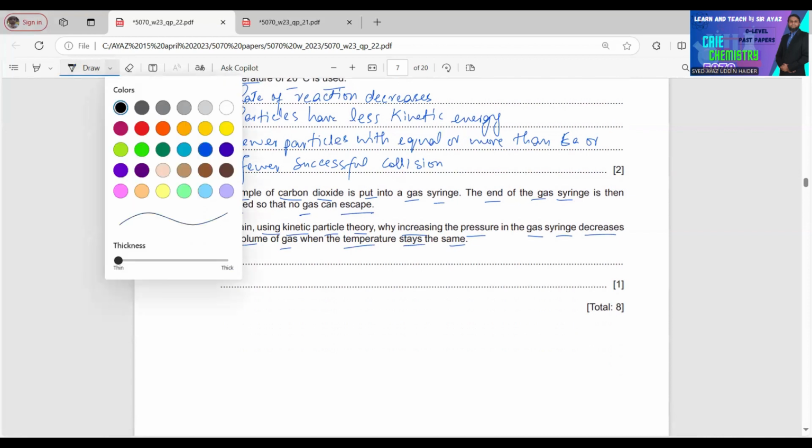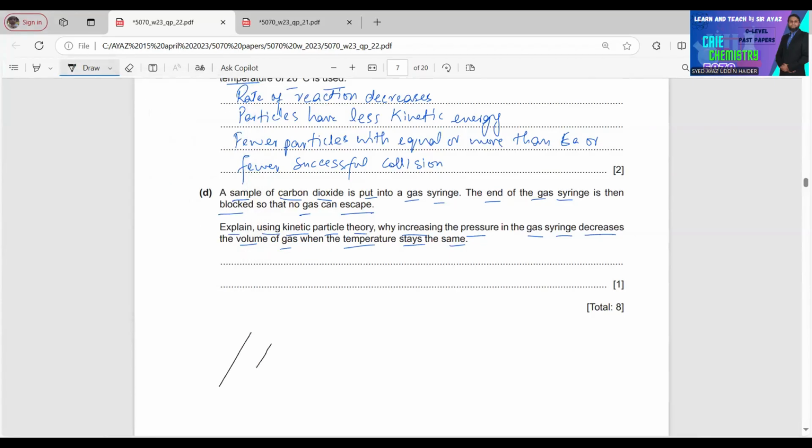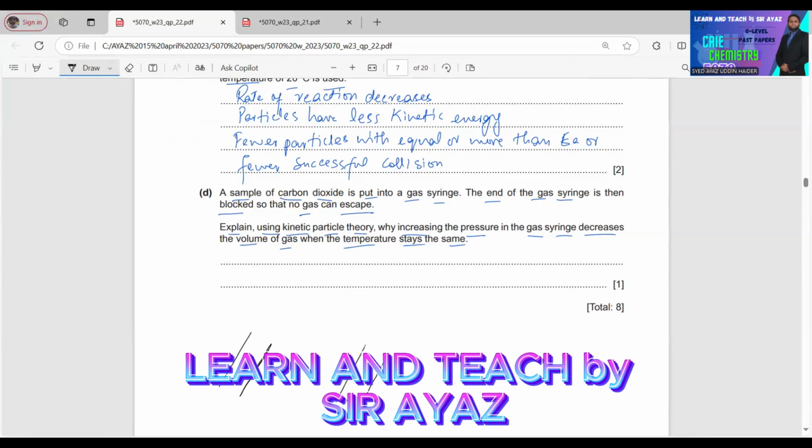Now, in order to explain this, I'm going to draw gas syringes so that you will have a clear idea what is happening here. So we have two gas syringes here, gas syringe number 1, gas syringe number 2. These are both the same syringe having different scenarios.